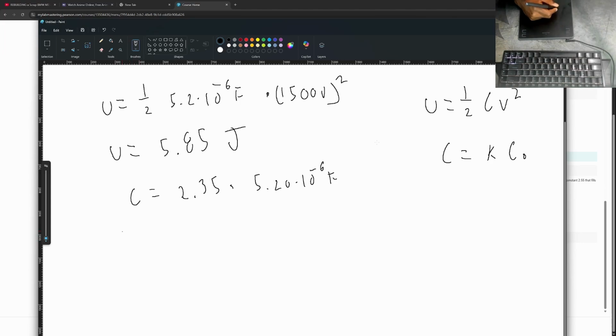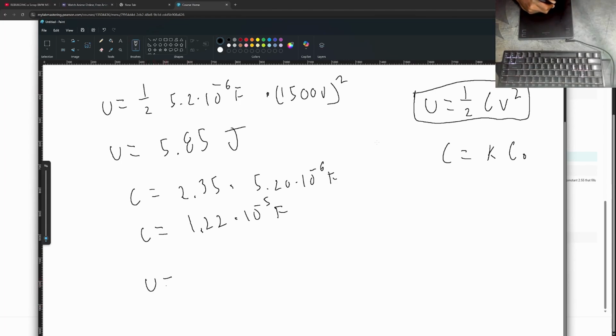Okay, so let's rewrite this: 2.35 times 5.2 times 10 to the power of negative 6. 1.22, that's right, 1.22 times 10 to the power of negative 5 farads. And then we can plug this into our equation right here.